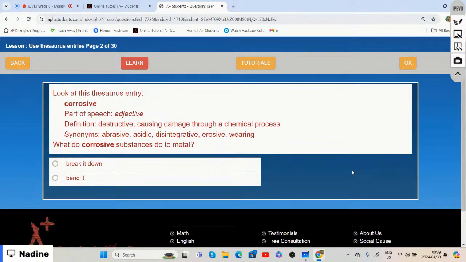All right, so what do corrosive substances do? Do they break it down or do they bend it?